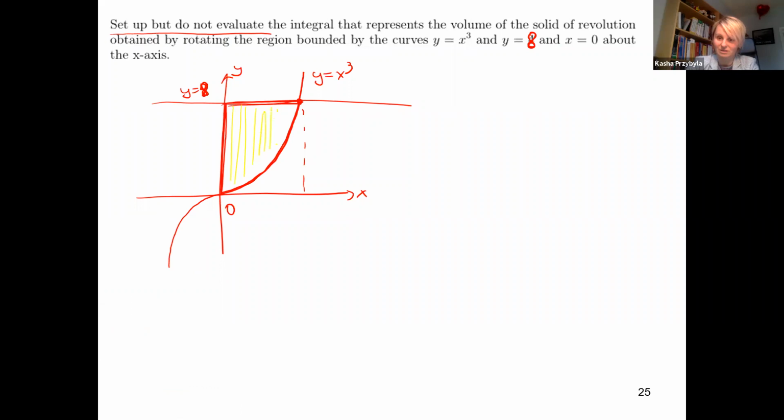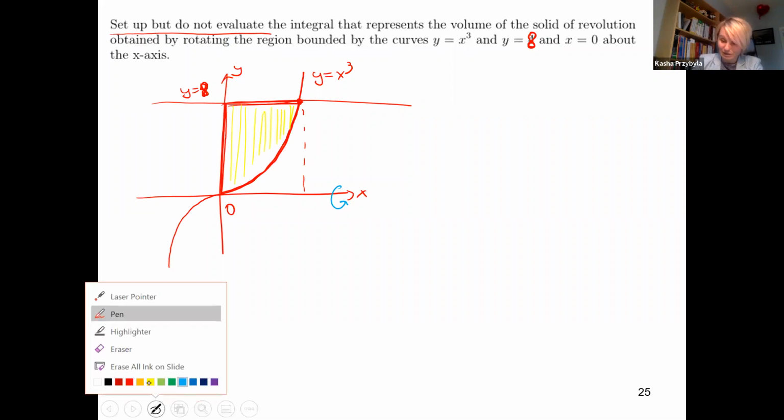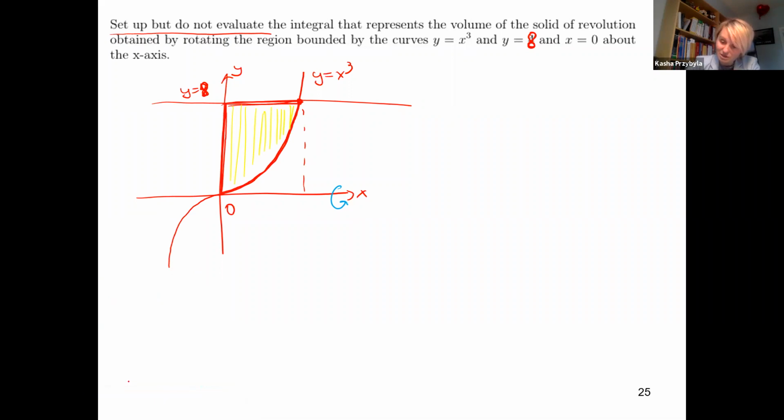Yeah, I think x equals 0 is the y-axis. Thank you for confirming. And we're rotating again about the x-axis. We will rotate, but now what kind of shape will we have for our cross-sectional area? It will be a washer. Okay, I can try to draw this on the other side.